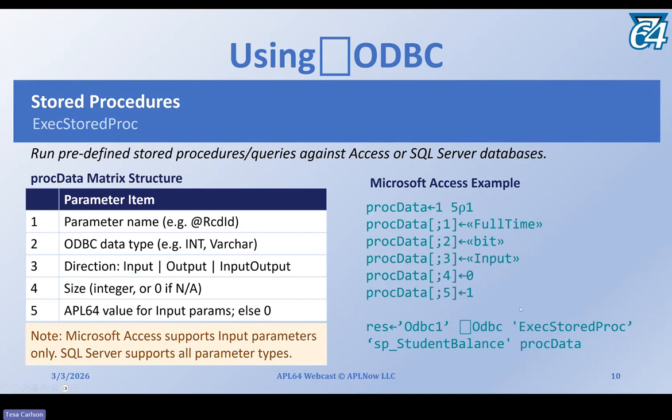For Microsoft Access, using the ACE ODBC driver, the stored procedure must be a saved query in the database with none or more input parameters. Output, input/output, and return value parameters are not supported in Microsoft Access due to limitations of the ACE ODBC driver and Access Trust Center considerations.